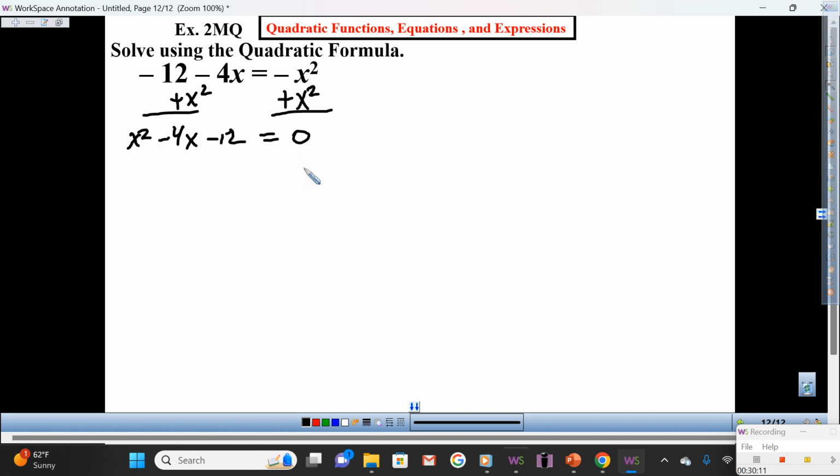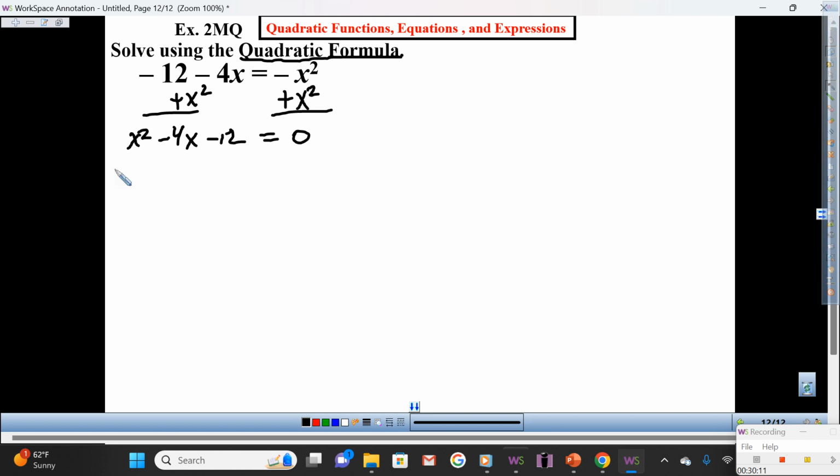Okay, then what do I do? But that's for completing the square. Right now we are doing what? Okay, so what do I do next?